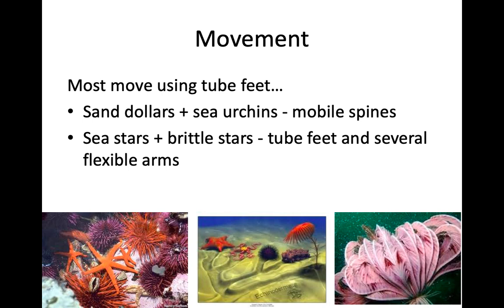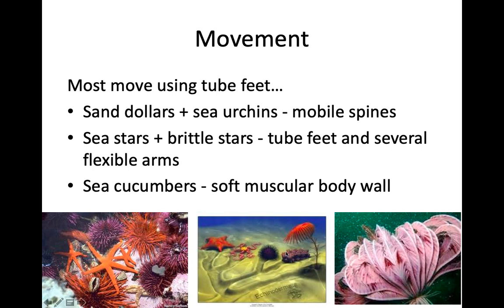Sea cucumbers, which is a little hard to see, but that's what this guy is right here, this oval tube-like shaped structure. They have a very muscular, soft body wall. And so what they do is they crawl along the ocean floor and use the combined action of their tube feet as well as the contractions of the muscles in their body walls, and that helps them to move around.